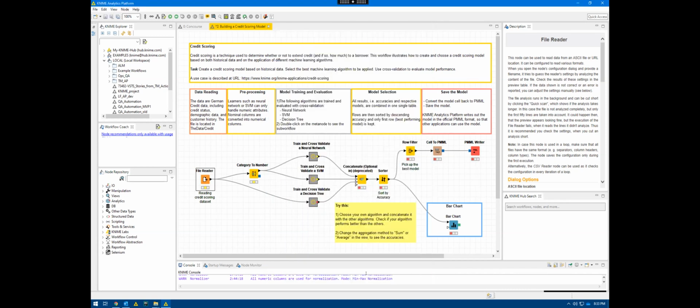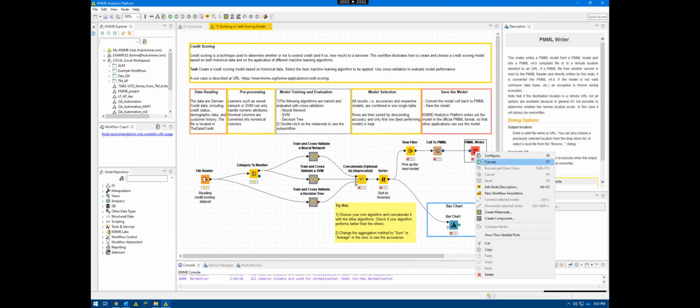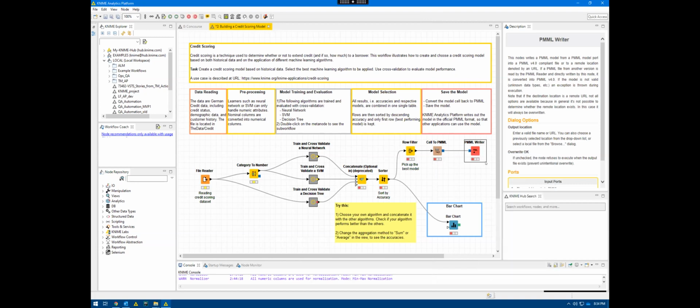So let me just run this and you can see what it shows at the end. To run this, you just need to click on one of the end nodes here and say execute, and you can see that it will run everything.